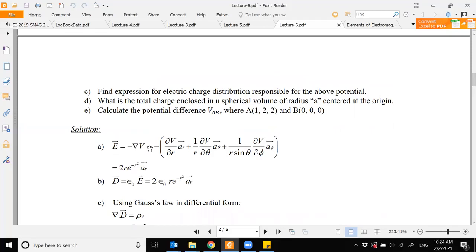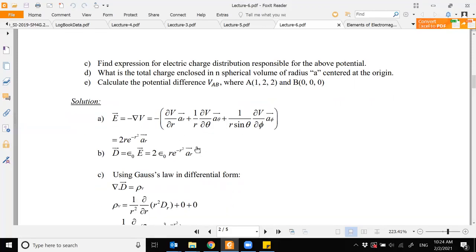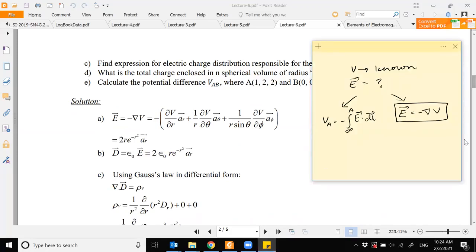If you substitute V in this, you will see that your electric field is 2R e to the power of minus R squared a_R. That is, your electric field is a function of only R, and it has only one component in the R direction.